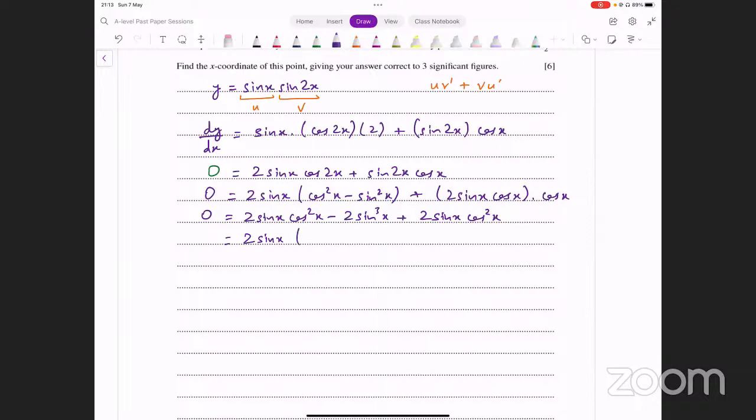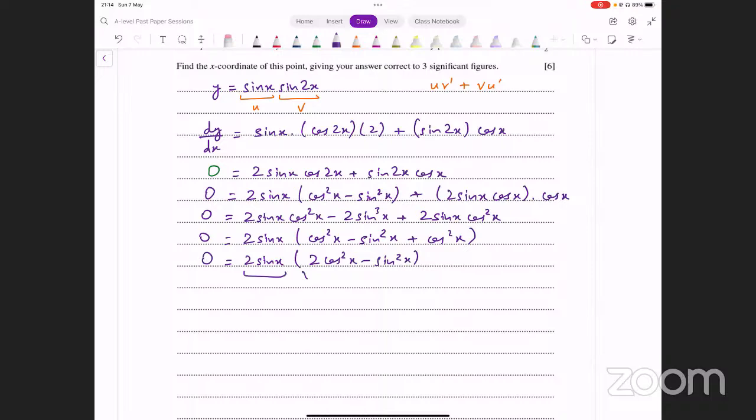And if we do that, we're left with cos square x minus sine square x plus cos square x. ओके इनफैक्ट हम इसको पहले सिंप्लीफाई कर सकते थे, ये दोनों टर्म सेम है, तो पहले सिंप्लीफाई कर लेते, बाद में कॉमन ले लेते, या पहले कॉमन ले लिया हमने तो बाद में सिंप्लीफाई कर लेते हैं. ये हमारे पास आ जाएगा 2 sin x into 2 cos square x minus sin square x equals 0.